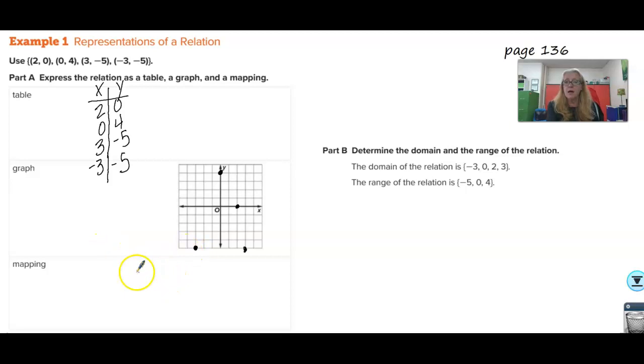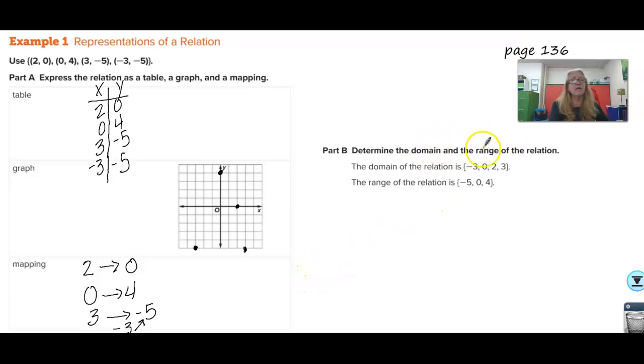There we go. A mapping diagram would have 2 mapped to 0. It would have 0 mapped to 4. It would have 3 mapped to -5. And then you could do it this way. -3 also maps to -5. I kind of ran out of room there, sorry.